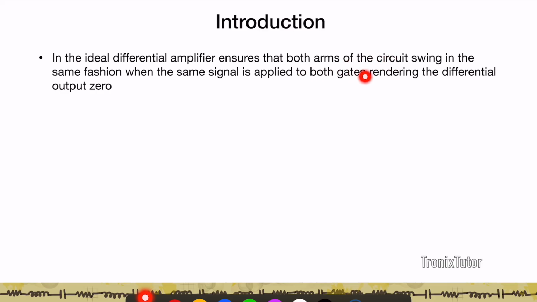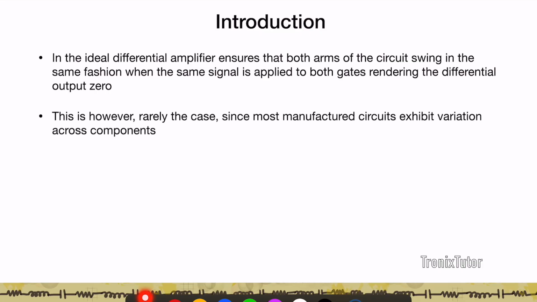And therefore, if I'm taking a differential output between the two arms, and the input signal is the same to both the input transistors of the differential pair, the output differential voltage is zero. However, in reality, circuits are manufactured, so there exists variation, there exists mismatch between various circuit components.